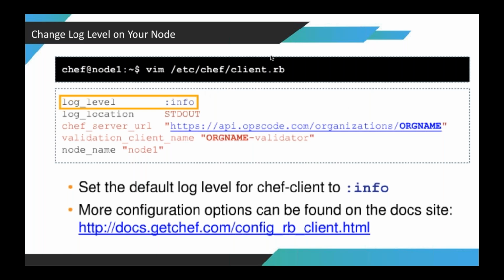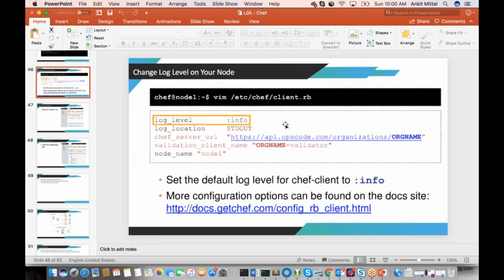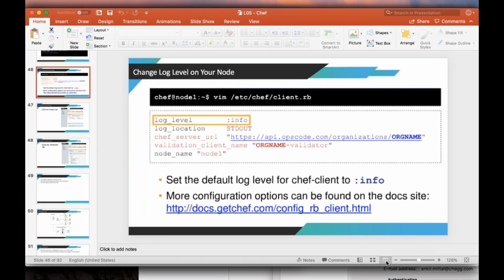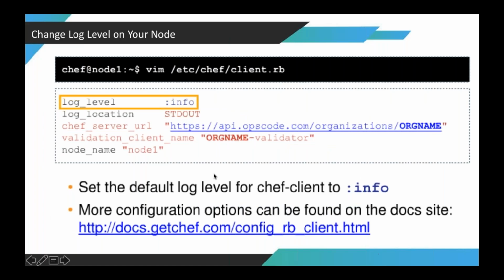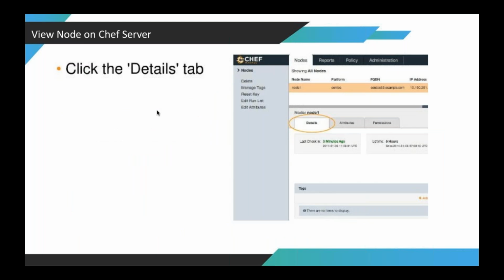If you get into some trouble where you are not able to identify what's the issue with your Chef configuration, then you can change the log level to debug, and it will provide more information for debugging purposes. But by default you should always run this in info mode, because otherwise it's going to take too much disk space and perform too much IO on your disk as well.